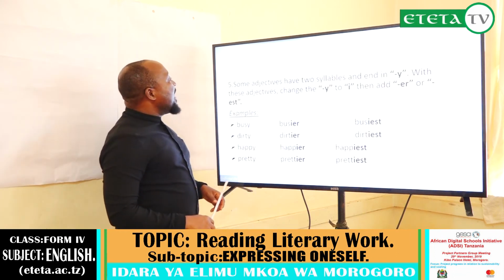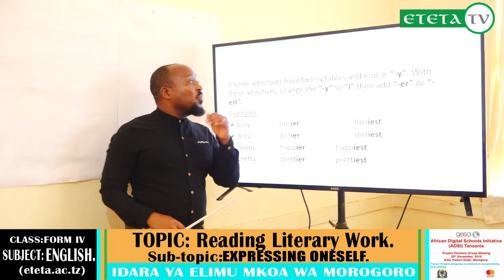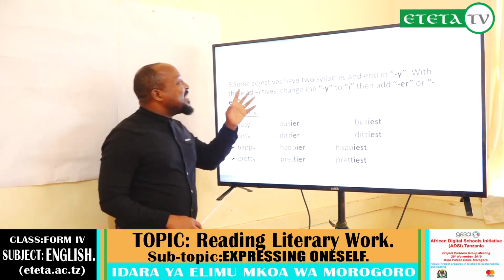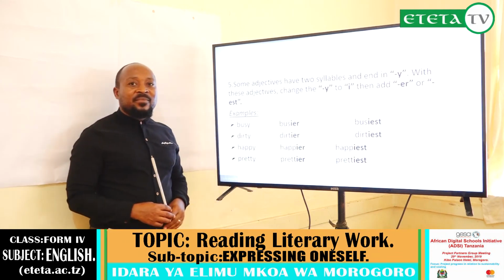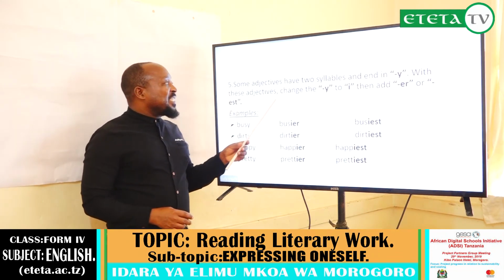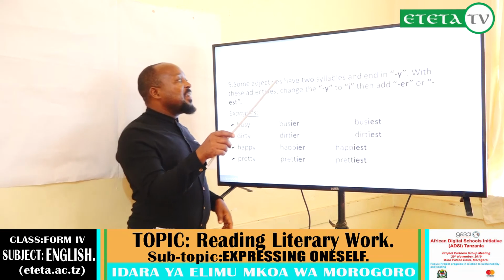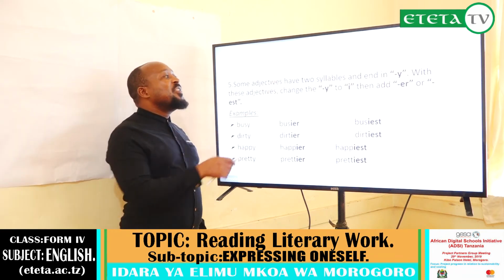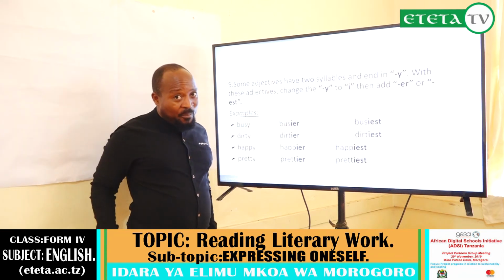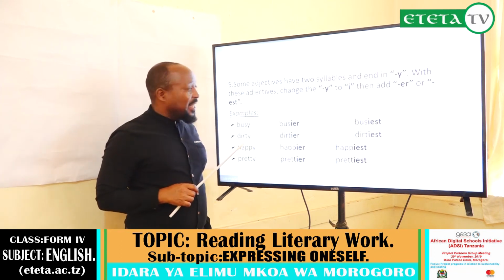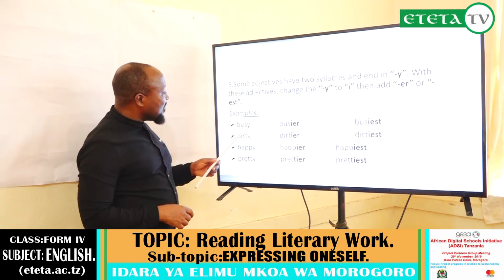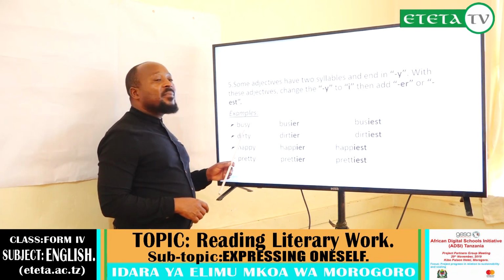Now, another important rule is that some adjectives have two syllables and end in Y. With these adjectives, you change the Y to I, then you can add ER for comparative, or you can add EST for superlative. Check here. You have Y here.